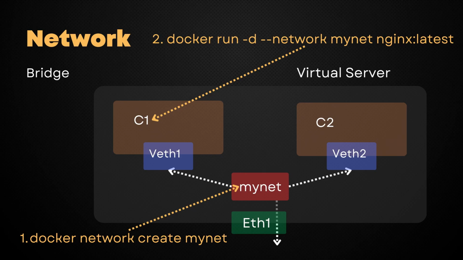How can we use our new network? So of course we need to create the network, and after it we can just set this network into the docker run CLI with --network and the name of our network.